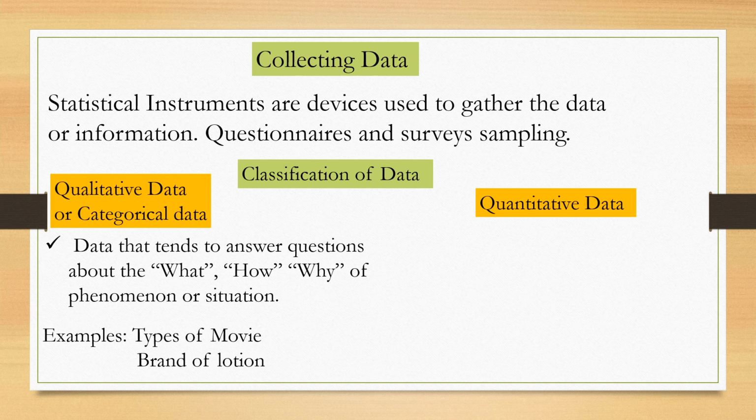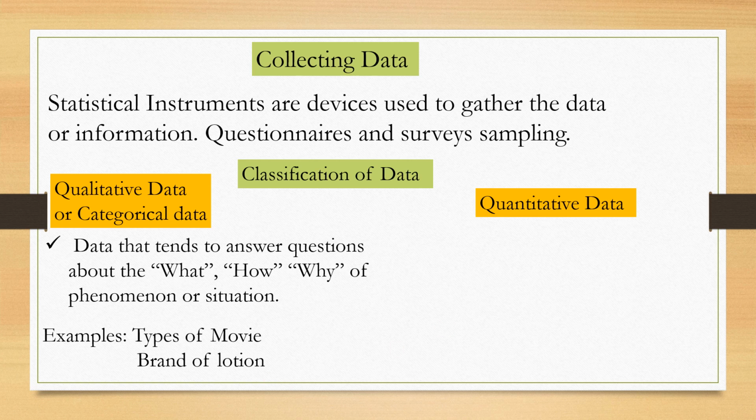Examples of this kind of data are types of movie and brand of lotion. These are examples of qualitative data or categorical data.